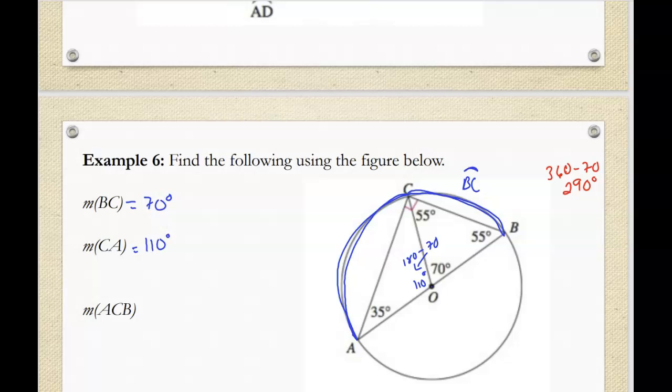Now the measure of arc ACB, so it was very specific and told us which direction to go from A to B, so it told us to go from A to C to B. From A to C to B is 180 degrees, because I'm going halfway around, which is 180 degrees.